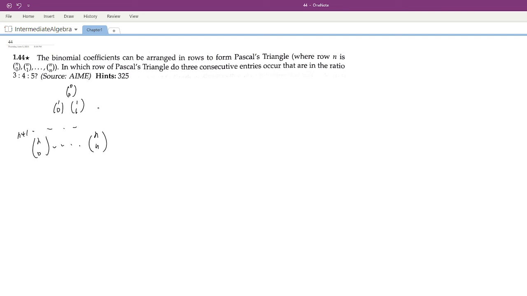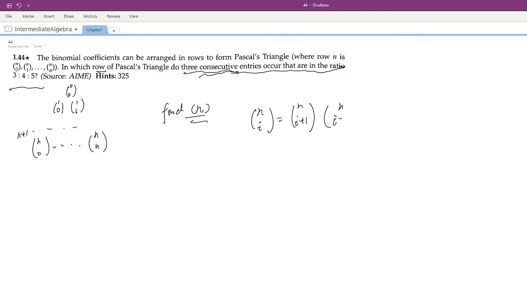Now we need three consecutive entries that occur in ratio of 3, 4, 5. So we want to find which row, so we want to find n. In the nth row, n pick i over n pick i plus 1 over n pick i plus 2 is equal to 3 to 4 to 5. So now let's do it.